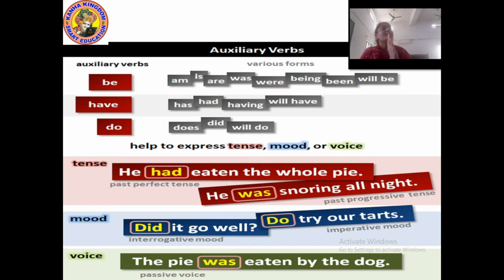Okay. Now about the mood. Mood means the sentence is told in which form? Is it an interrogative sentence, an order, a request? Did it go well? Did. Auxiliary verb, right?